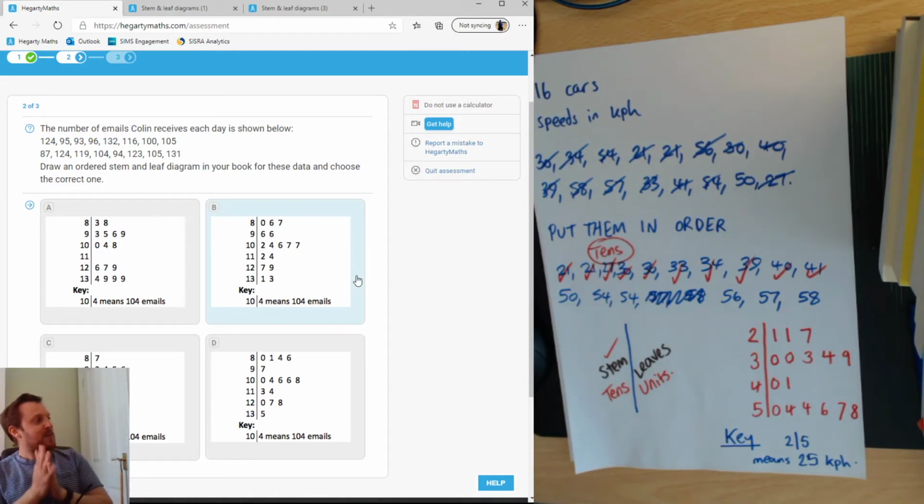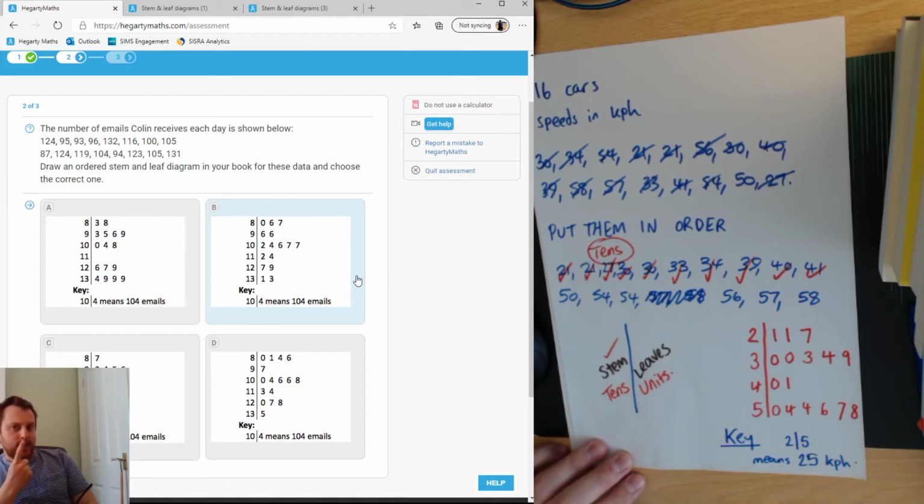But anyway, the number of emails Colin receives each day is shown below. We've got some numbers that are in the hundreds, but also some numbers that are in the tens. So we're not sure exactly what our stem should represent. But if we think about it, our leaves need to be single digits.